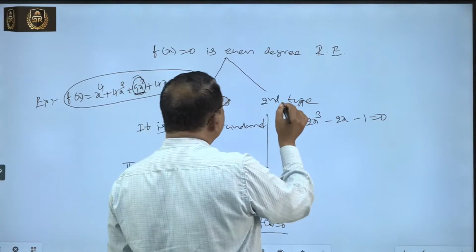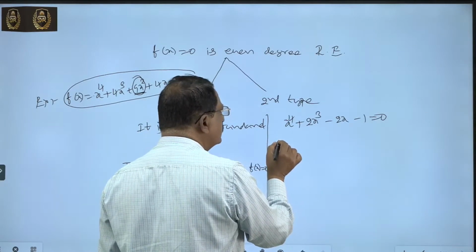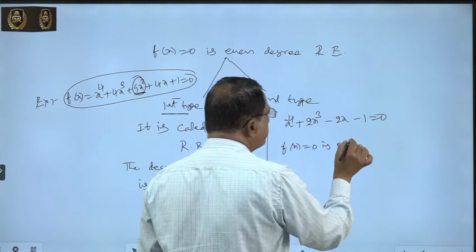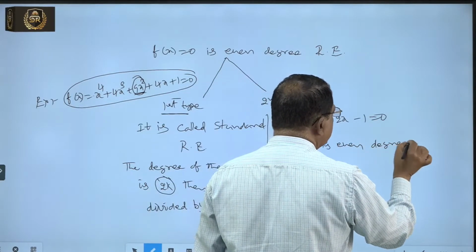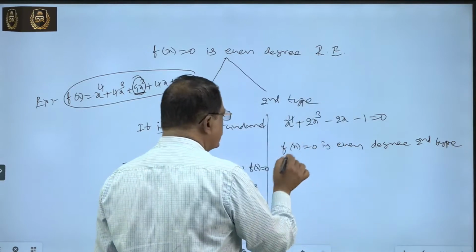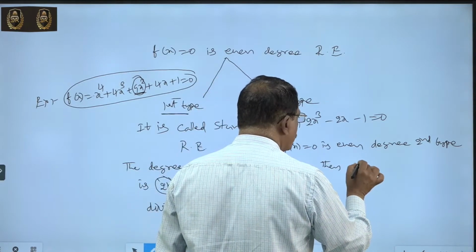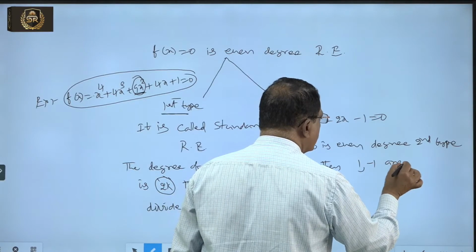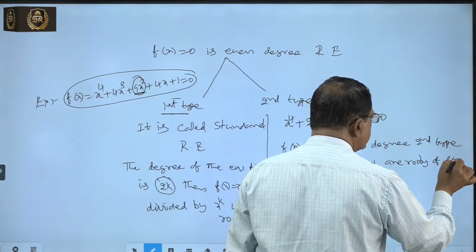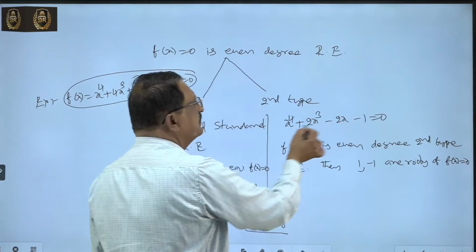Now, always, if f of x equals 0 is an even degree second type or class 2 reciprocal equation, then 1 and minus 1 are roots of f of x equals 0. If we substitute x equals 1 or minus 1, we get 0.